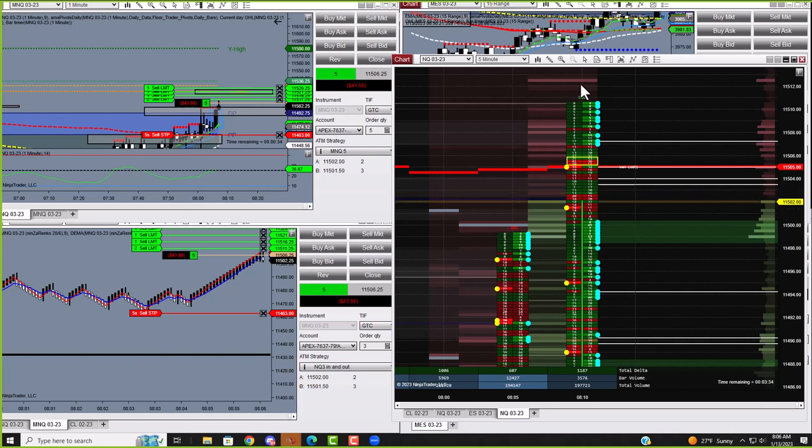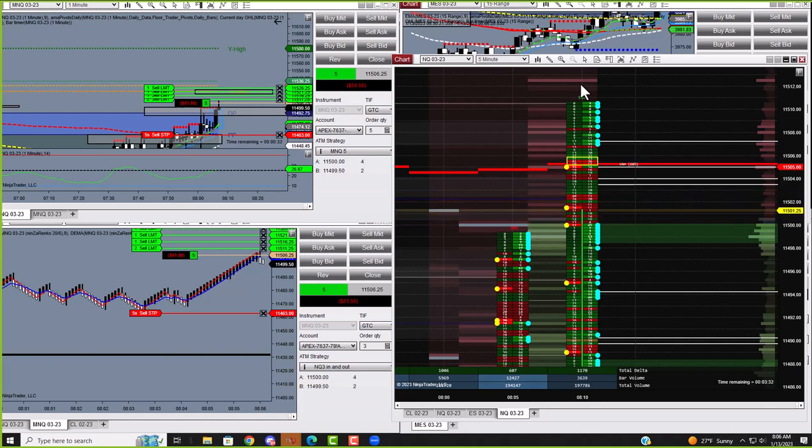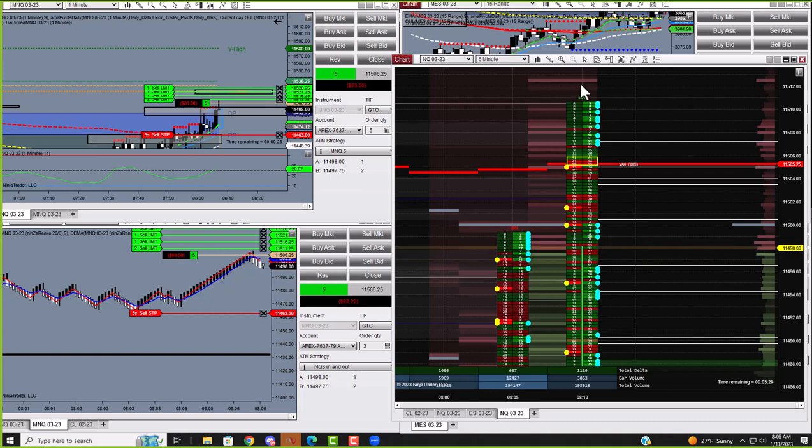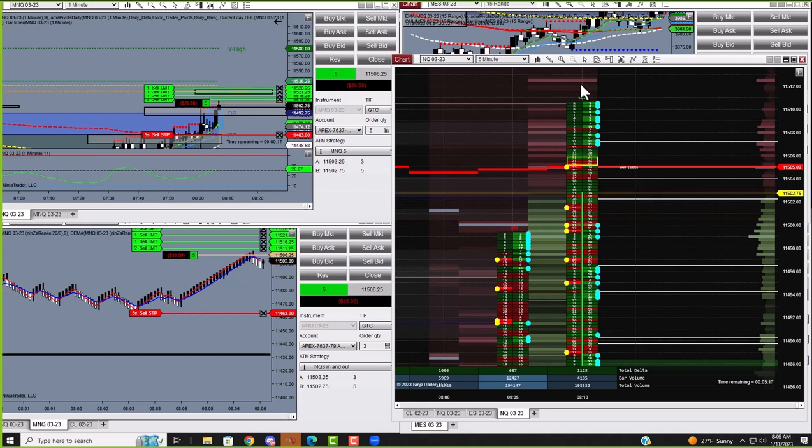We're flat. 3 minutes to do it. This is my last trade if I hit target. The volatility is too much.